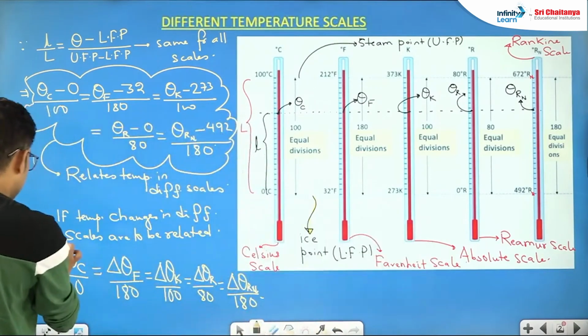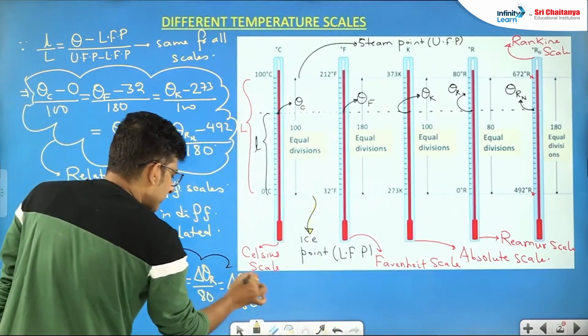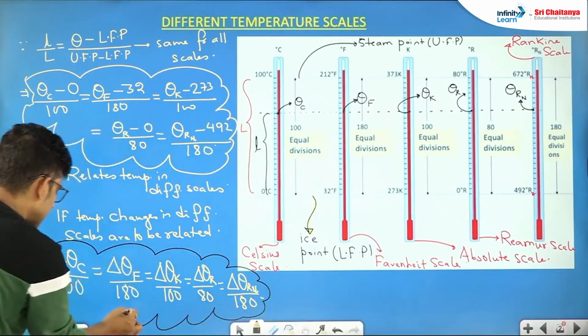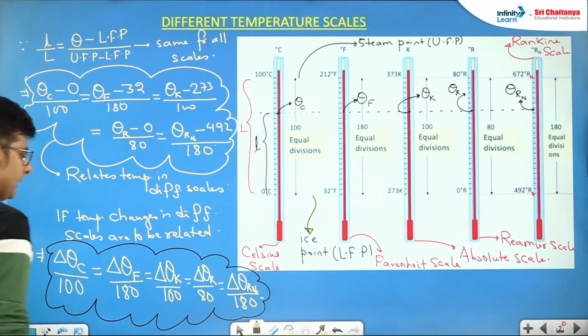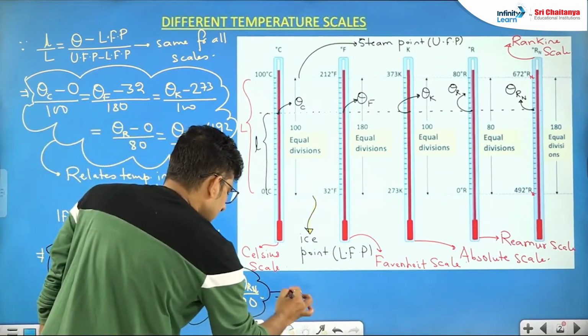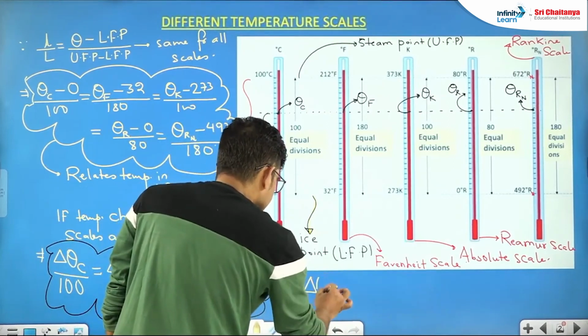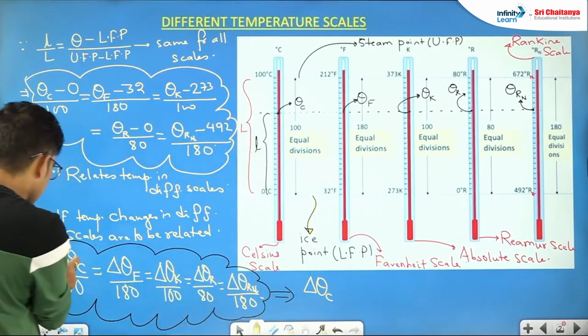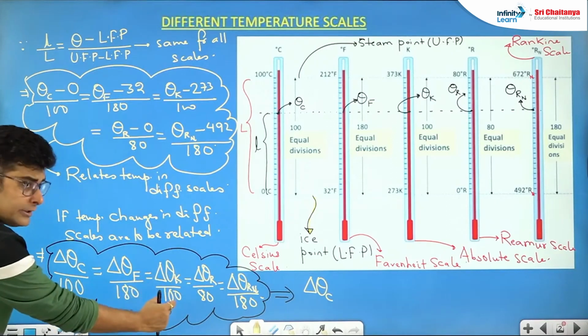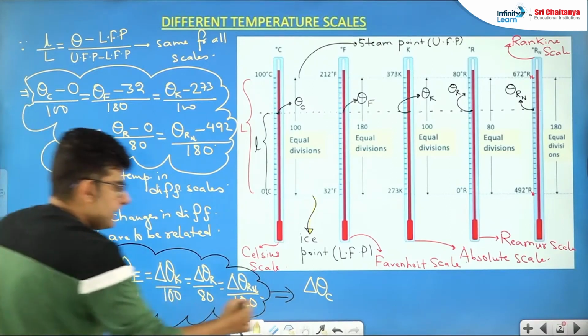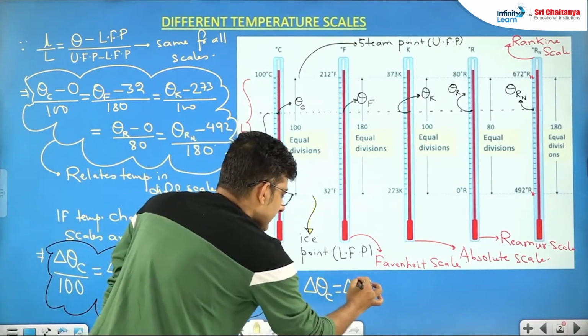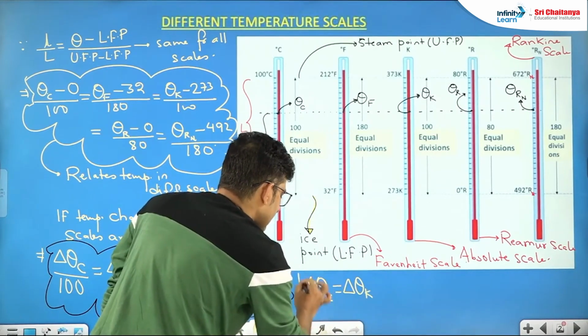When we relate temperature changes in different scales, the temperature change in Celsius by 100 and Kelvin also by 100, the 100 will cancel, means Celsius and Kelvin temperature changes are equal always.